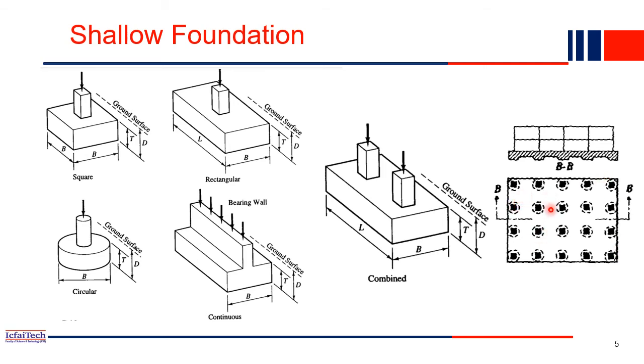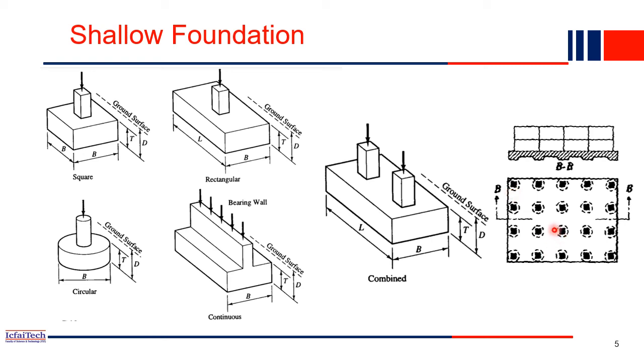So you go for mat foundation when the soil quality is very poor and you do not want to go for deep foundation. In that case you can check once whether the mat foundation is adequate to transfer the load. Because in mat foundation, the entire building base area transfers the loads, right?